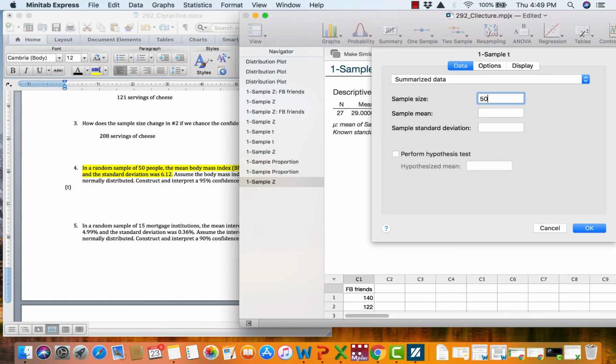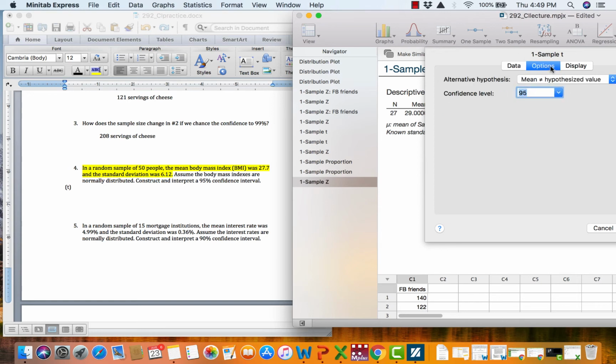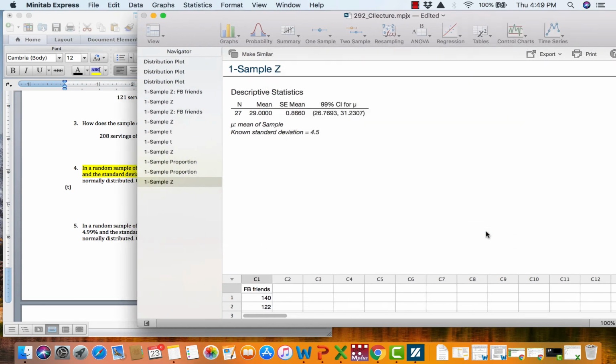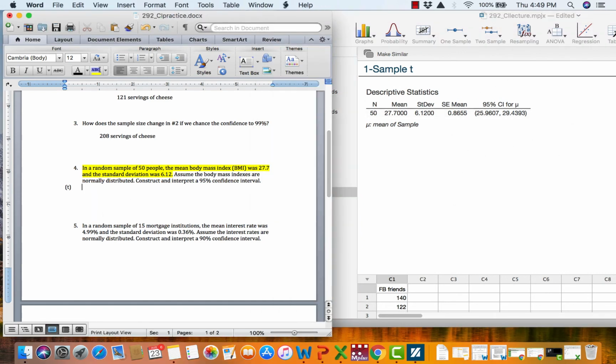We have 50 people. The sample mean is 27.7. The standard deviation is 6.12. We go under options and we need our confidence on 95%. We say okay. All right, so rather easily we calculate our confidence interval, but now we need to interpret it.